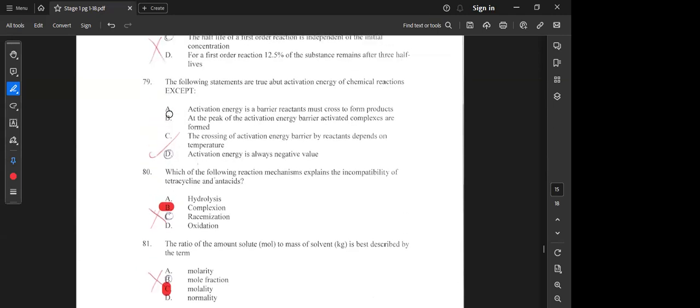So the complex reaction forms chelates. The complexes which are formed are called chelates, depending on the metal. If it's iron, it will form iron chelates. If it's magnesium, it will form magnesium chelates.